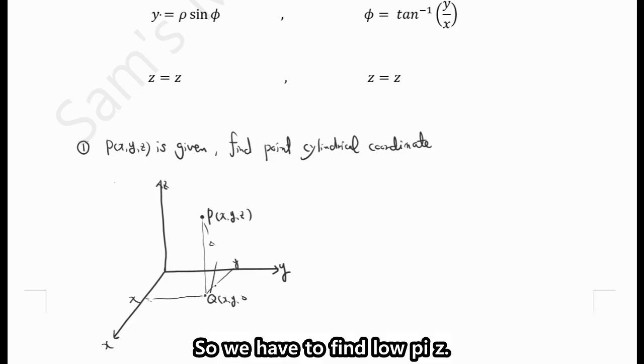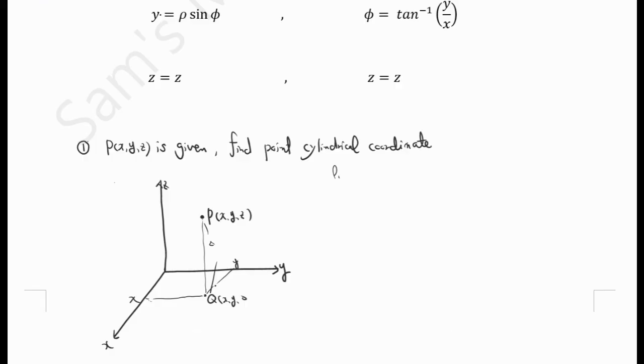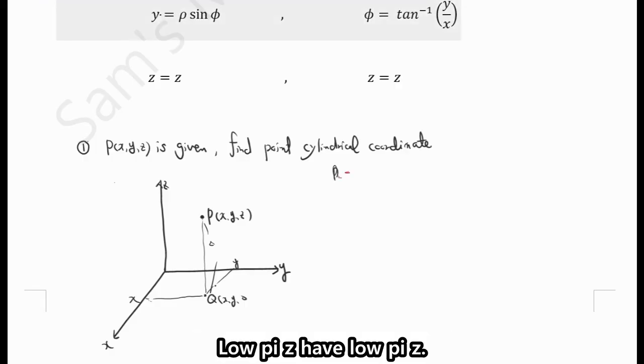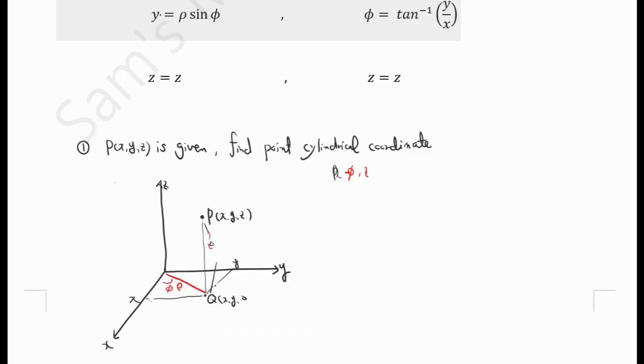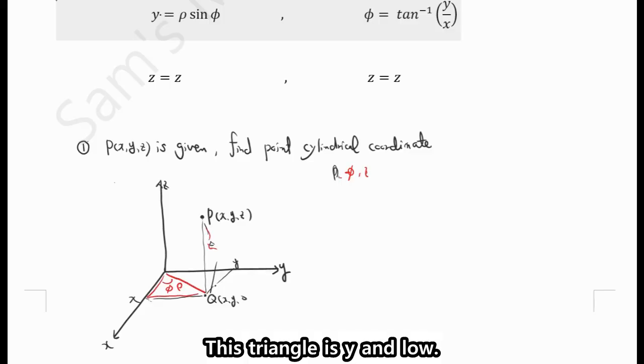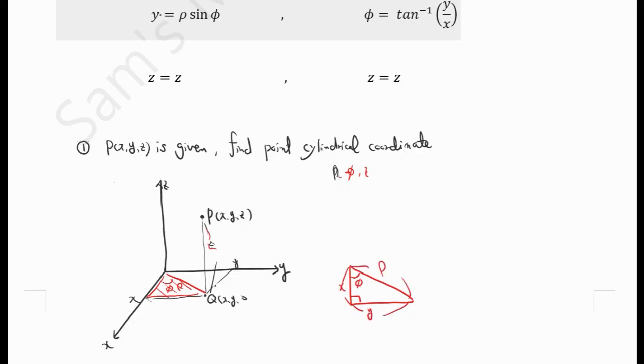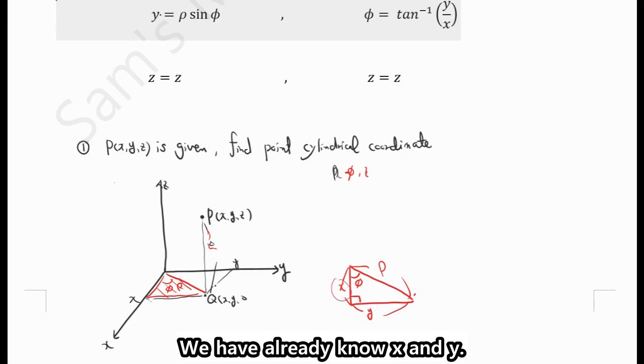So we have to find rho, phi, z. In this triangle, we already know x and y.